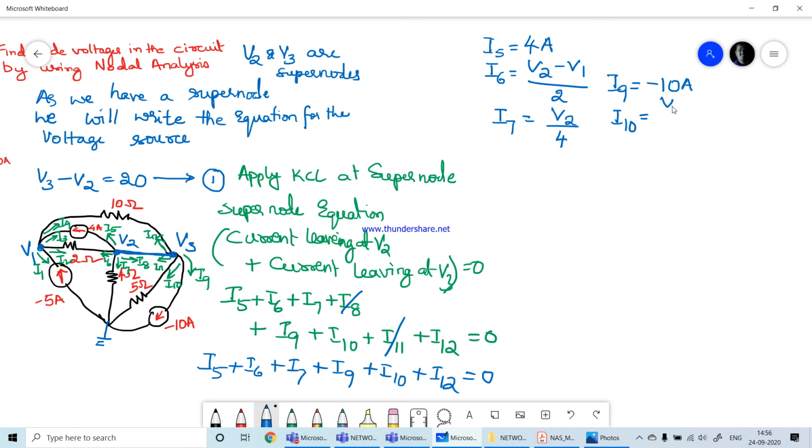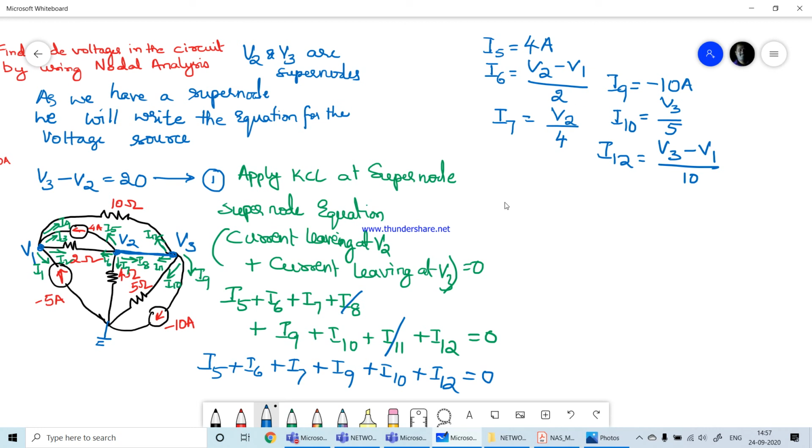I12 is V3 minus V1 by 10, because a 10 ohm resistor is connected between V3 and V1, and I12 is flowing through that 10 ohm.